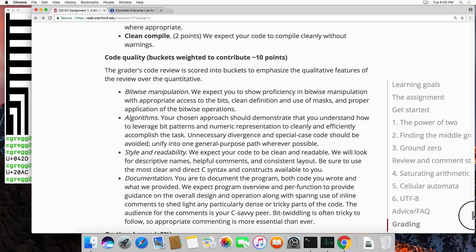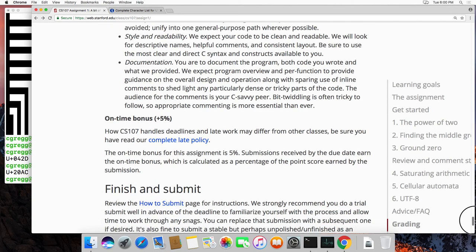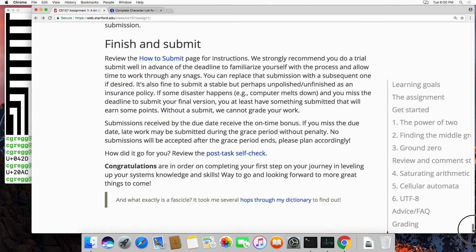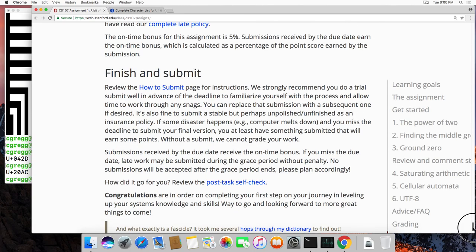You can read the details of how this works. As I said before, you get a bonus if you submit it on time. If it's late, you just don't get the bonus. That's up to you. Sorry, I should say there's no limit on how many times you can get the assignment bonus. Every assignment will have that, and so you can do that.